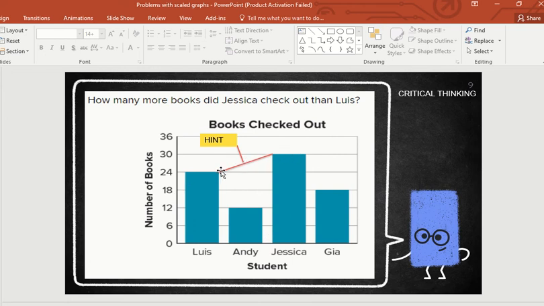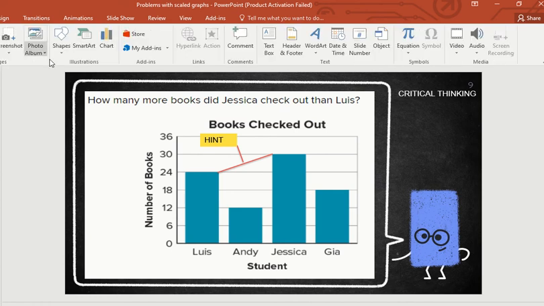You can see I have given the hints here. This is their difference, which we can see from the bars. So Jessica reads 30, Lewis reads 24. So what will we do? 30 minus 24.